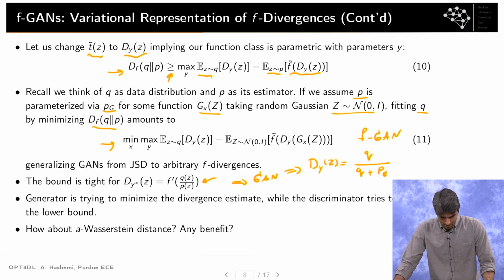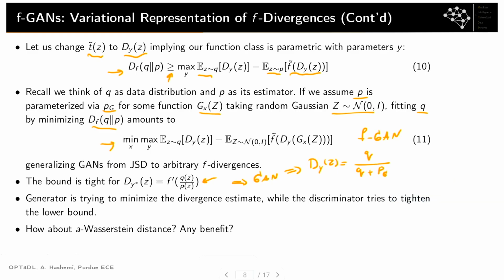Okay, all right. There's also a nice interpretation in terms of what the generator and the discriminator are trying to do. Okay, when we look at this equation 10, we can think of the generator as trying to minimize the divergence estimate, but the discriminator is trying to tighten our lower bound.